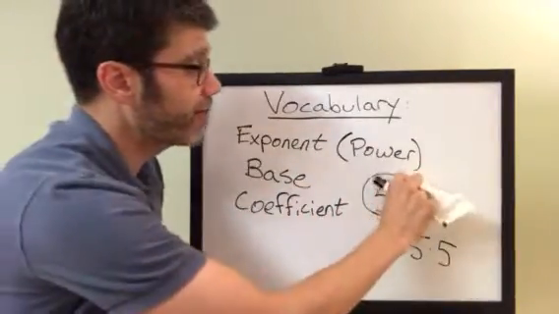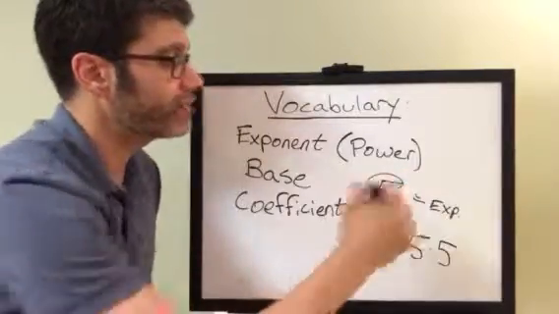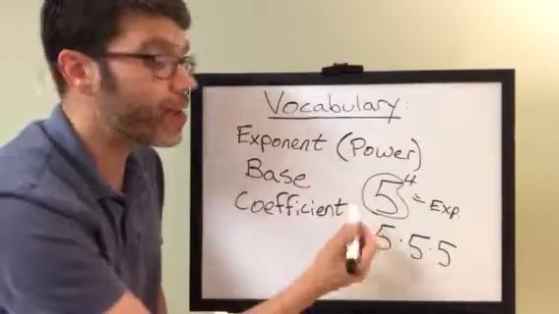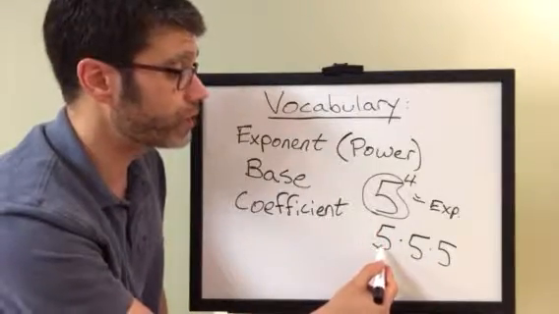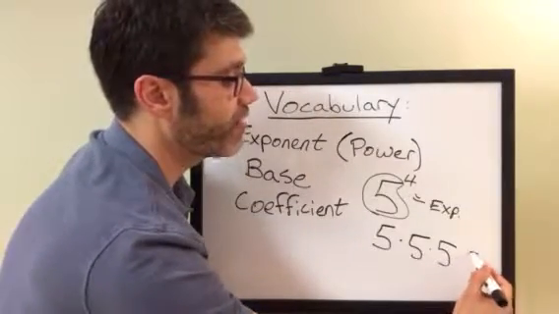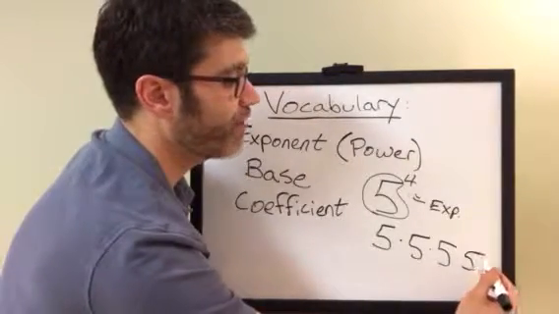So if it was 5 to the 4th power, or 5 raised to the 4th power, then I would be wanting to multiply 5 times itself 4 times. So it would be 5 times 5 times 5 times 5.